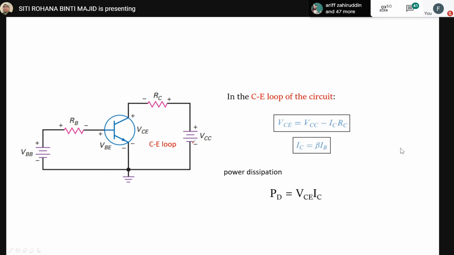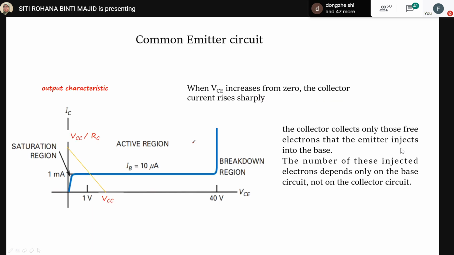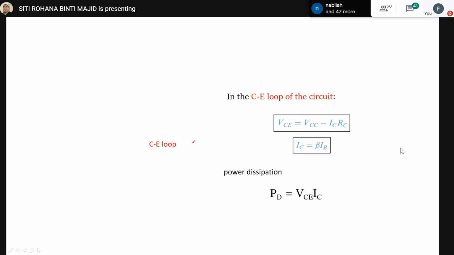Because we consider the output loop, for this configuration we will consider VCE and IC. If you refer to the output characteristic, we have IC versus VCE, so don't take other current or voltage values.